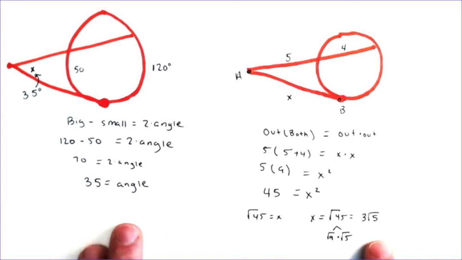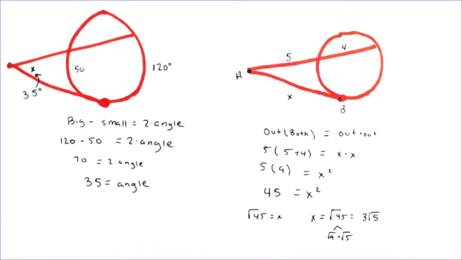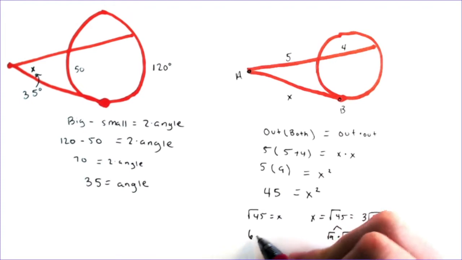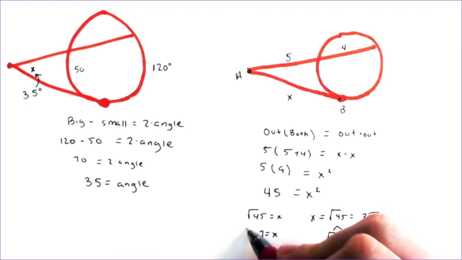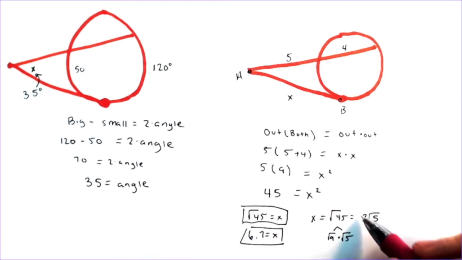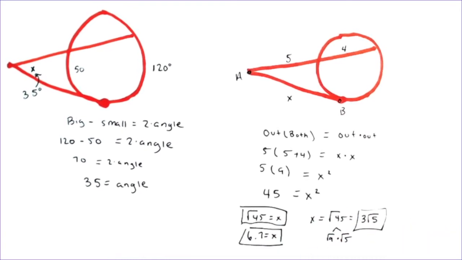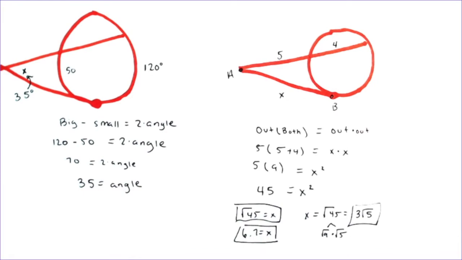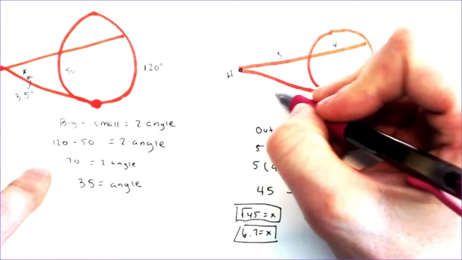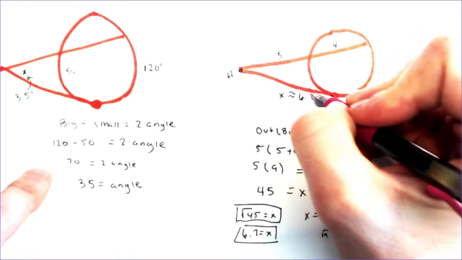And the square root of 5 is the square root of 5. And the last thing you could do is actually find the square root of that using a calculator. And the square root of 45 as a calculator answer would be 6.7 approximately for x. So depending on how your teacher or professor prefers the answer would be which format you would have to put that. All right, so that means that this part right here from A to B is about 6.7.